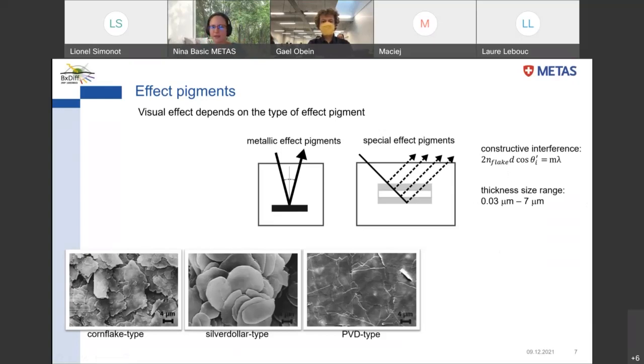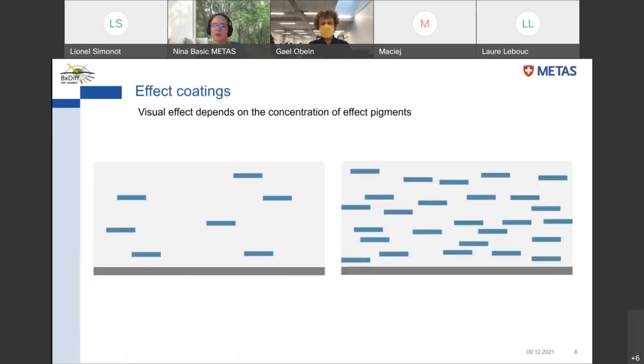Okay. So we are talking here about just one by one pigment, but what we're really interested in is the whole binder. Okay. So it really depends how many pigments we have in the coating.